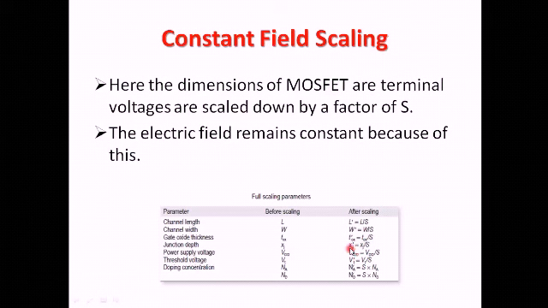This Xj dash, then VDD dash, then VT dash, all these are scaled down and divided by S. But here the doping concentration Na and Nd, that is Na dash and Nd dash, is being increased by a factor of S. So this is the table where the scaling factors are being given. I hope this slide is clear to all of you. Now let us go to the next slide.